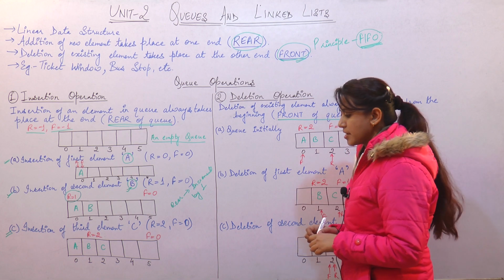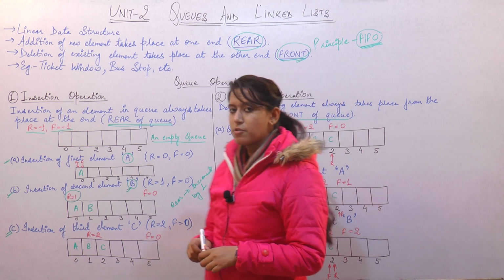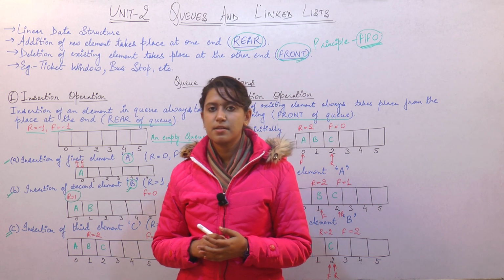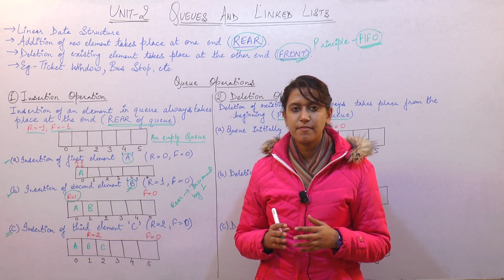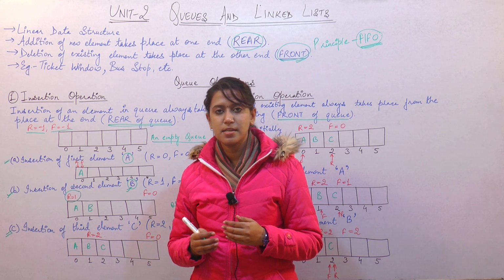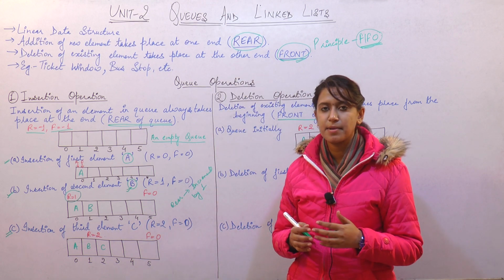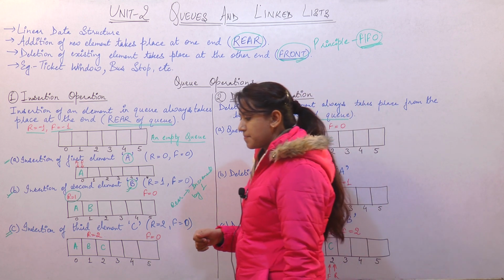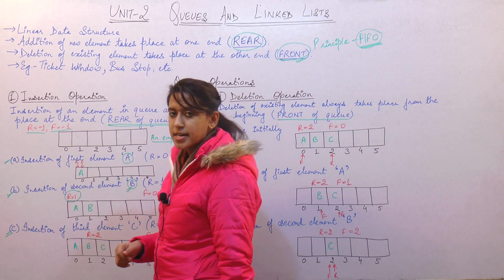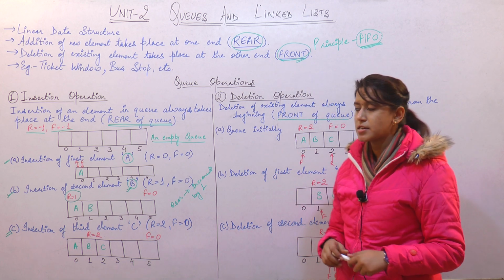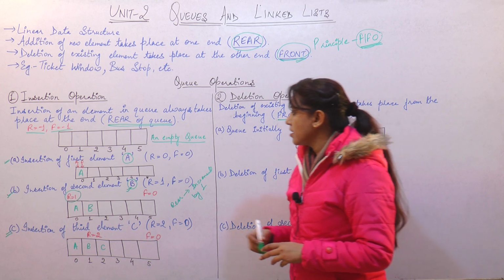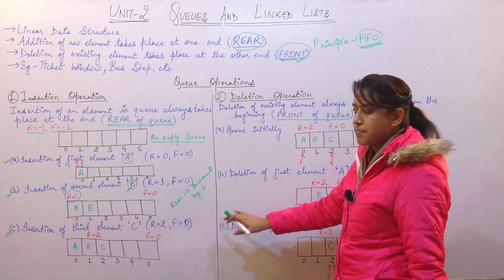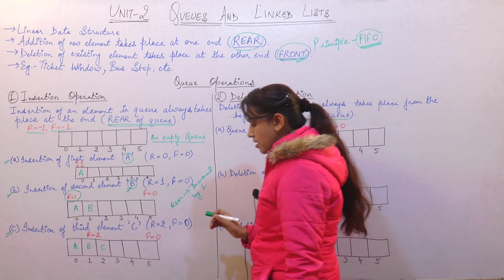So this was the queue operations. We discussed that queue is a linear data structure. Then we discussed both the ends from where a new element is inserted and the already existing elements are deleted. Then we discussed the example of queue data structure, the principle of queue data structure, and then we studied insertion operation with an example and deletion operation.